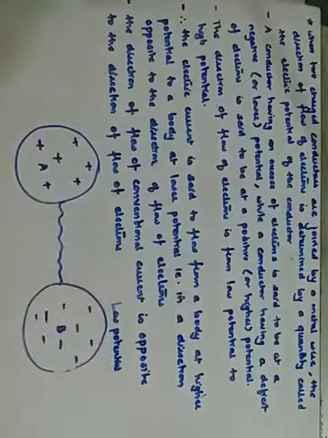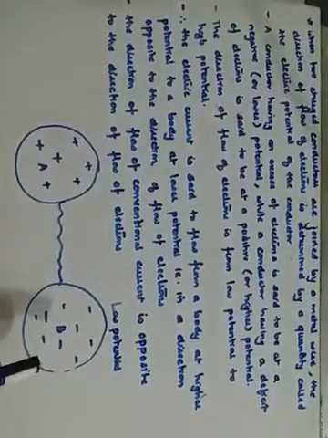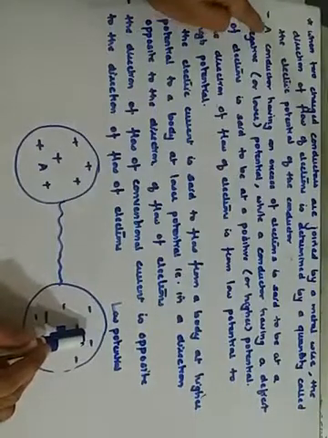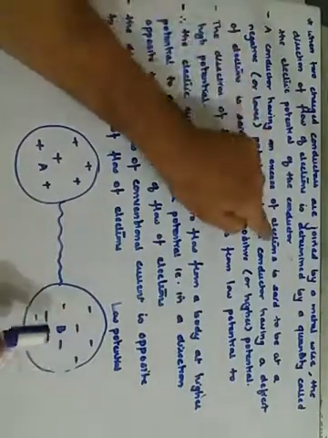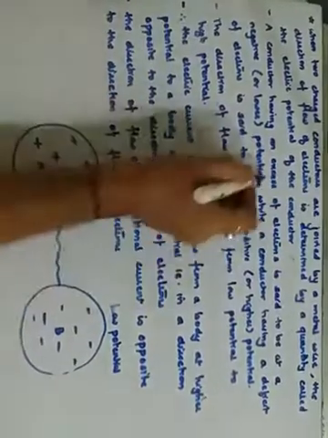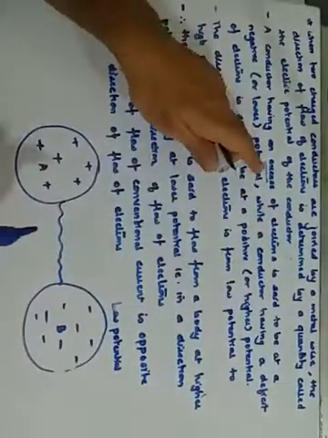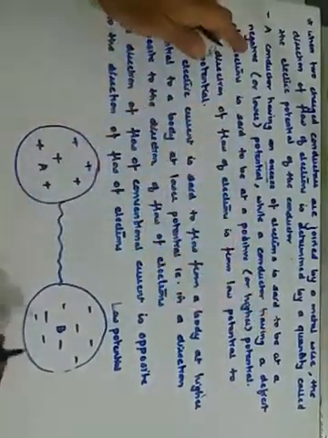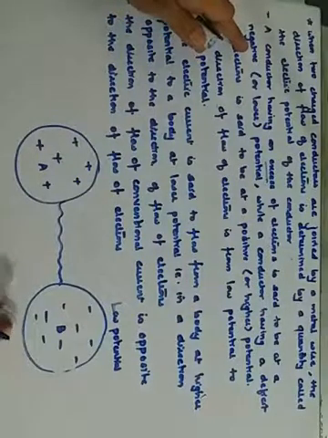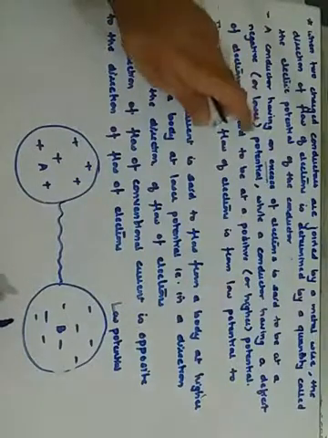So this is said to be at low potential. What I said, a conductor having an excess of electrons. Wherever there is an excess of electrons, it is said to be negative or lower potential.